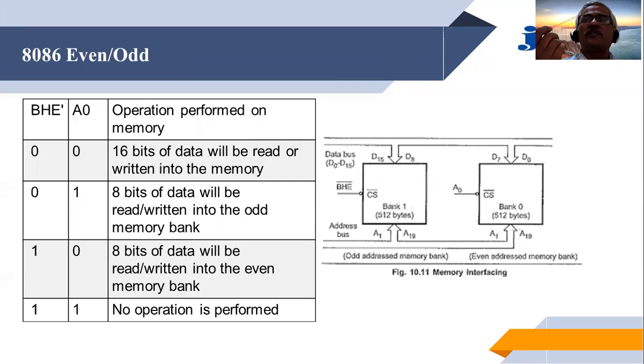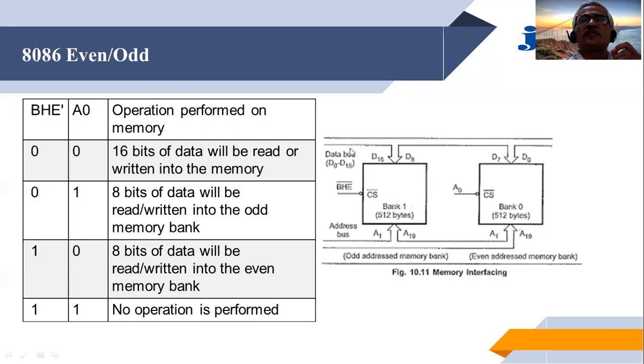Since we have 16 bits of the data bus available, and also the registers are of size 16 bits, if we are somehow able to access 16 bits at a time, it will speed up the operation of the microprocessor 8086. So for that we have a provision of accessing the even and odd memory locations.